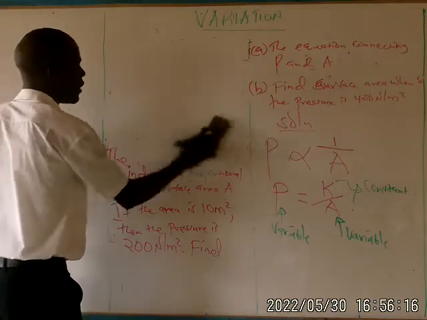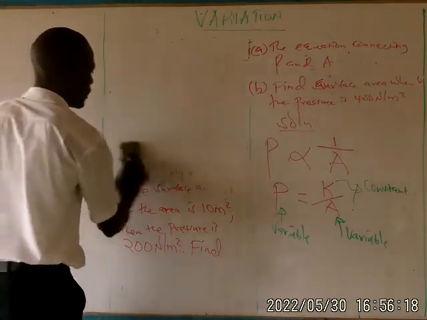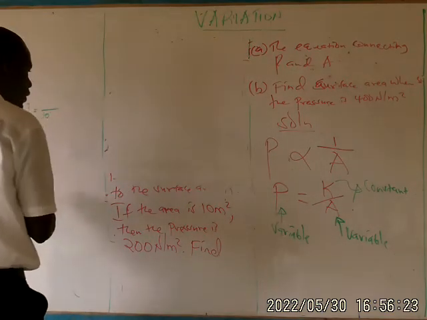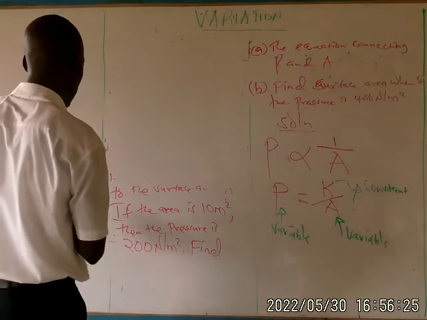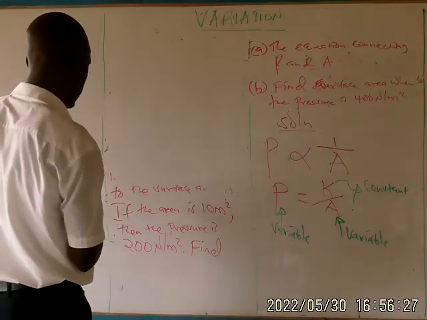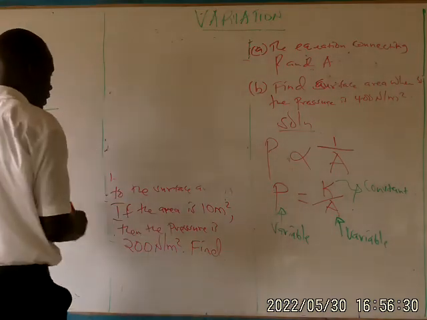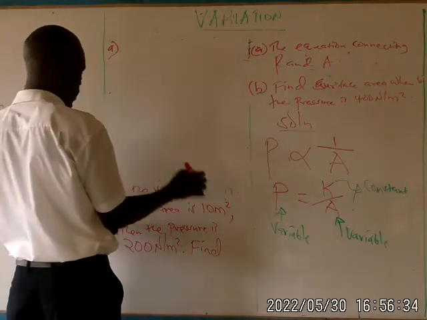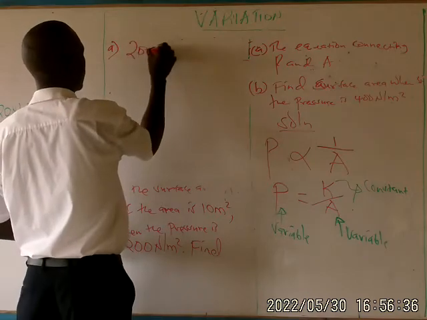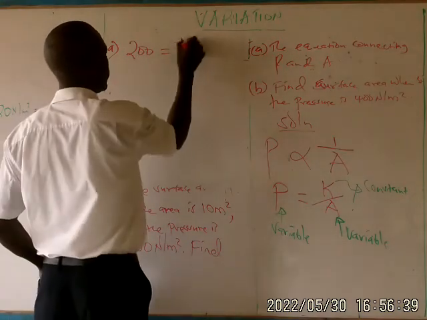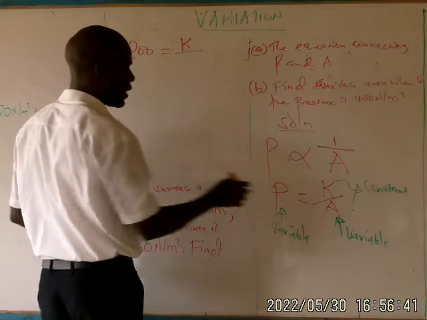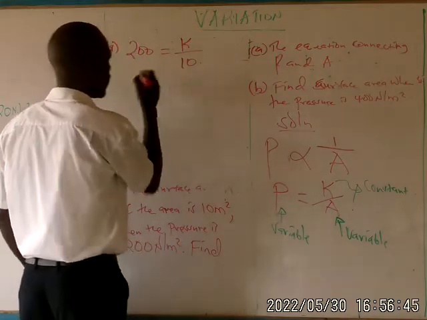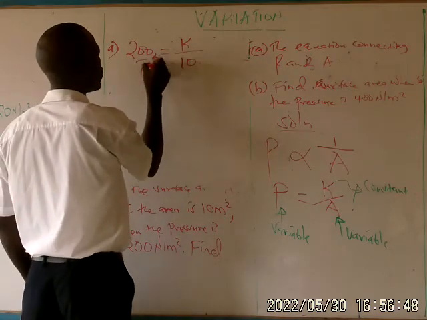Let's solve that question. We are being told that the pressure is 200 when P equals K over A, and the area is 10. So I find K. K over 10 equals 200, I just cross multiply.